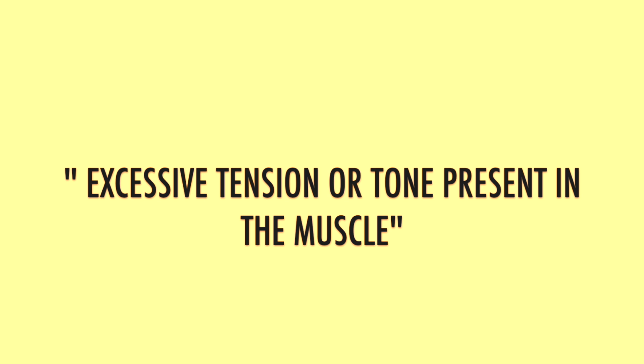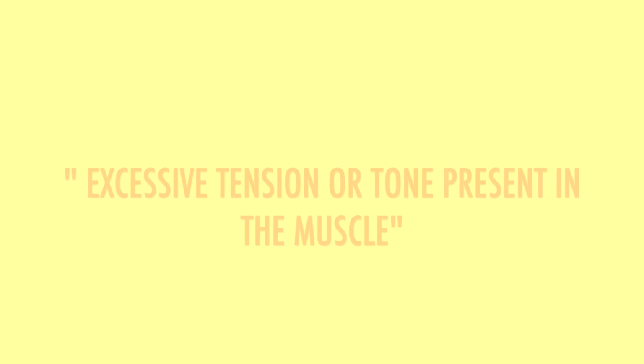Spasticity is nothing but an excessive tension that's present in the muscle. This hypertonicity does not allow the movements to happen freely. It leads to contracture and also sometimes pain in the limbs. This particular impairment not only is a troublesome thing for the child, but is also a big roadblock for therapists to achieve as much recovery as possible.